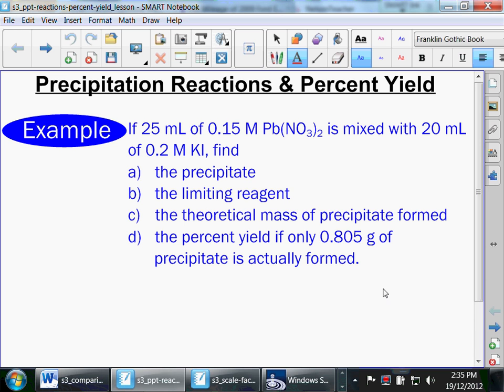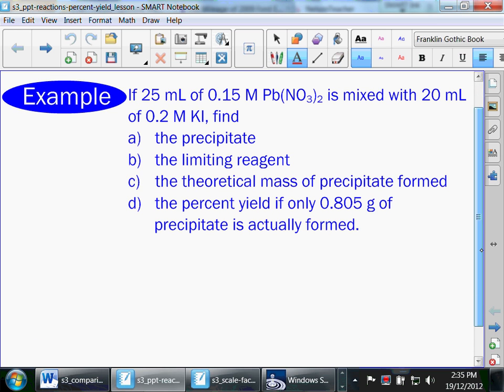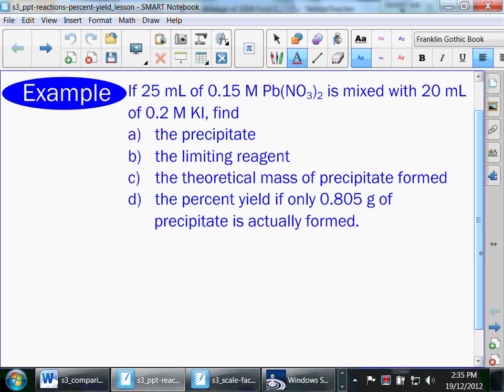So of course, the first thing we better do is first write this out as a balanced chemical equation. So here we go.